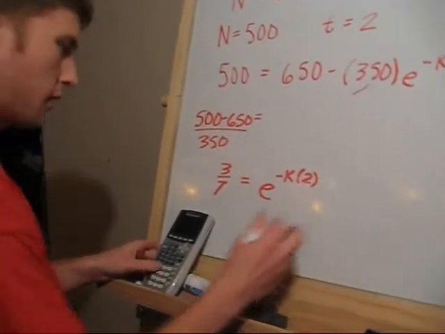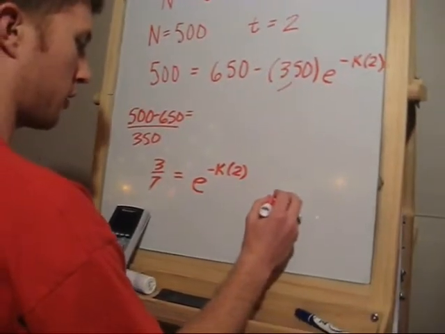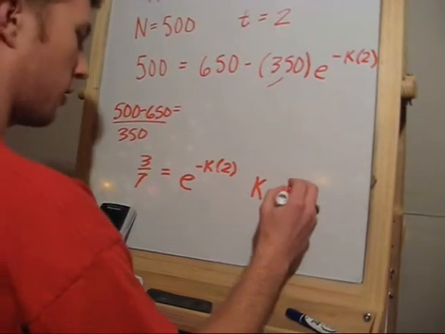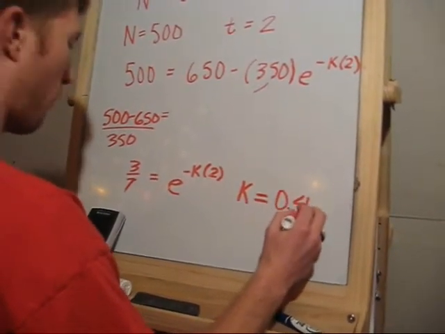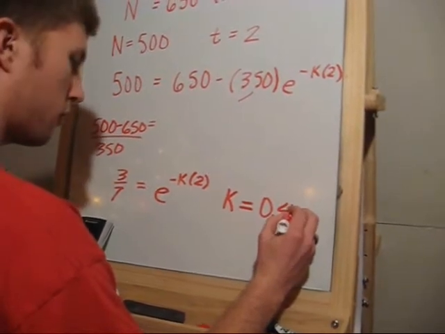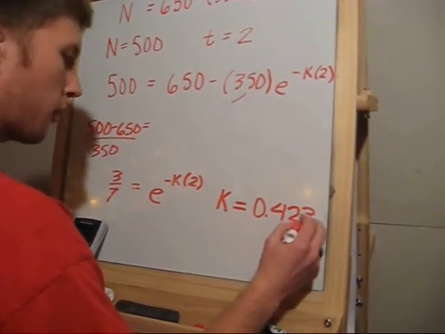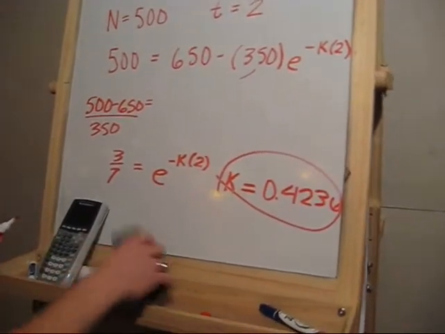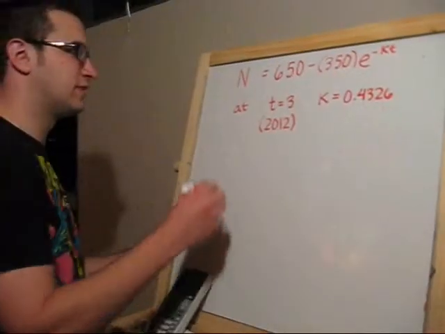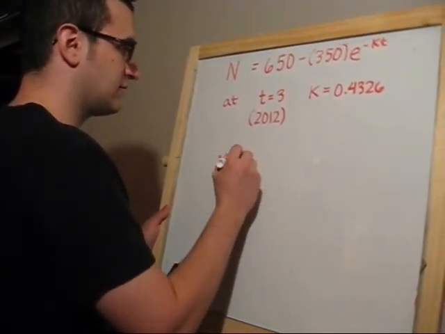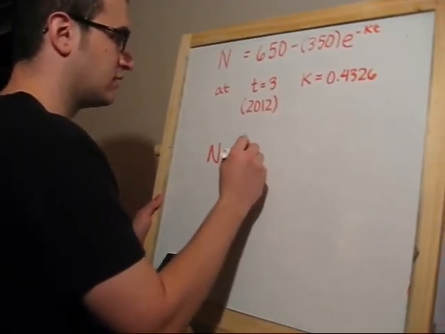And this expression is going to simplify to k equals 0.236, and that is k. Now that we found k, we're going to make a model for all years to come by plugging in k into the equation.